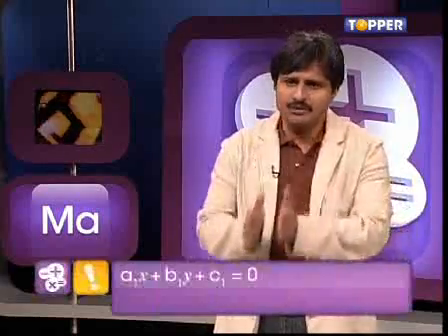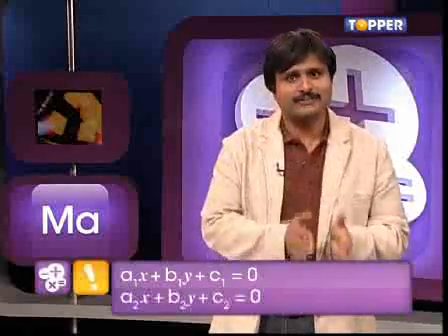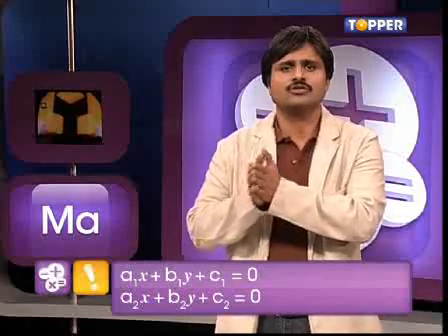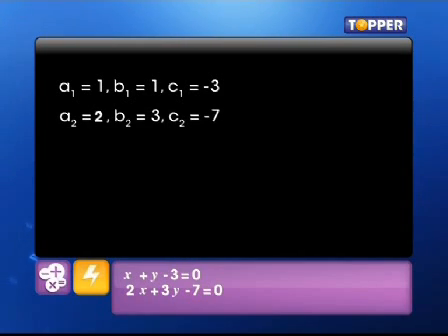So what is that general form? a1x plus b1y plus c1 equals 0 and a2x plus b2y plus c2 equals 0. So now if we are ready to compare, we get a1 is 1, b1 is also 1, and c1 is minus 3. Now let's look at a2, b2 and c2. a2 is 2, b2 is 3, and c2 is minus 7.